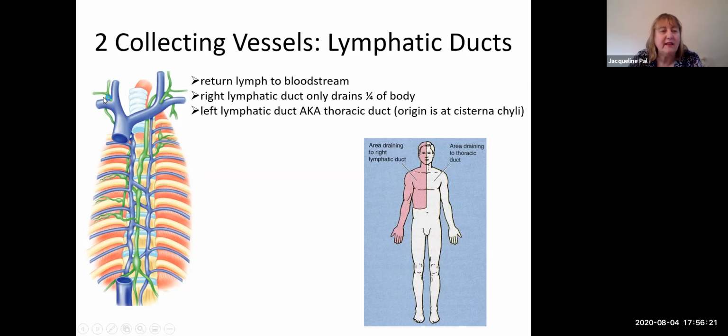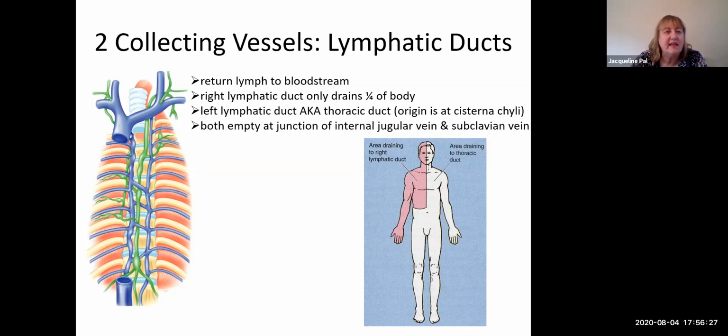Now, whether it's entering from the right or the left, both of these lymphatic ducts enter at the same place. It's at the junction where the internal jugular vein meets the subclavian vein. So right before it forms the brachiocephalic vein on each side, that's where the lymphatic ducts dump in. And this is because these are our biggest veins on each side.